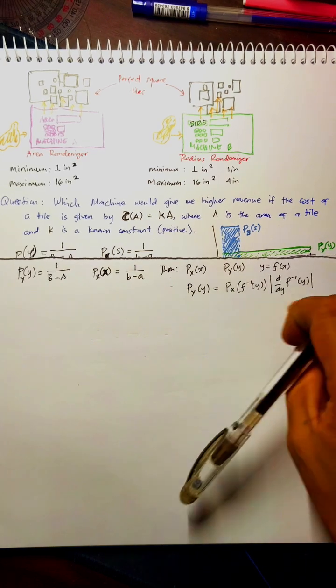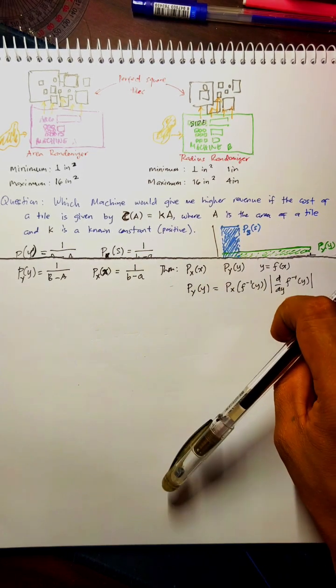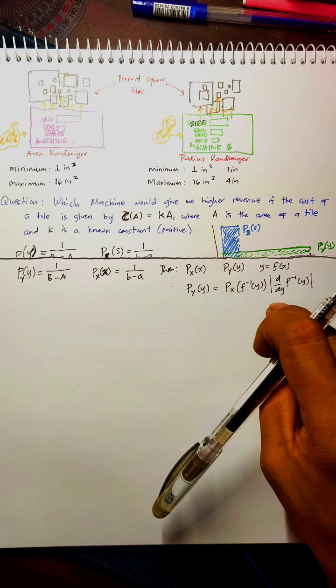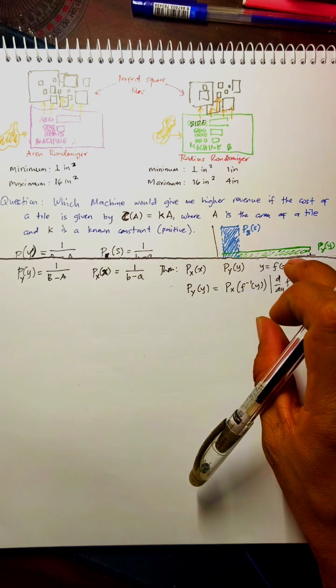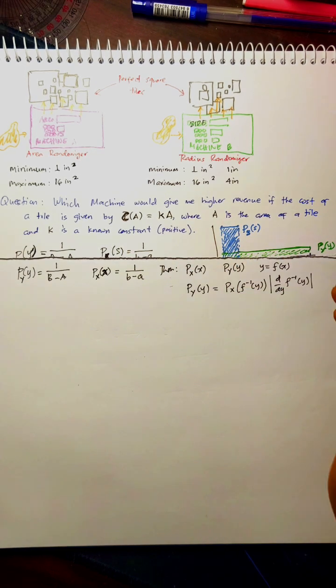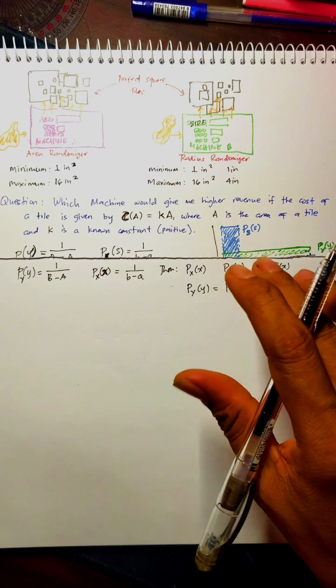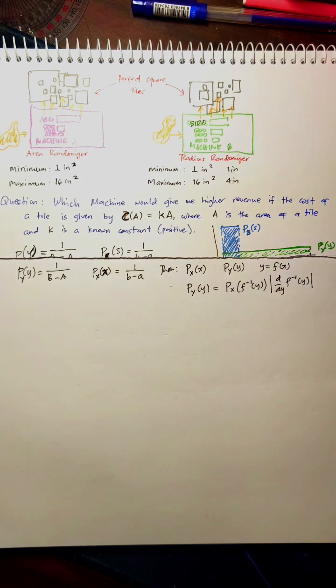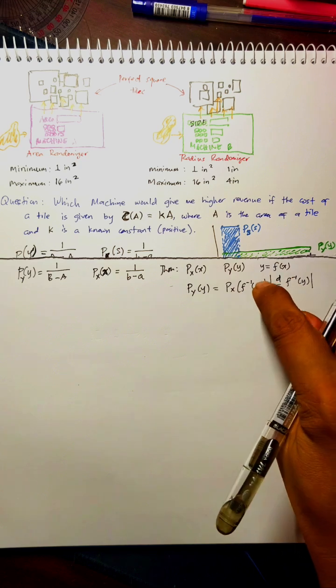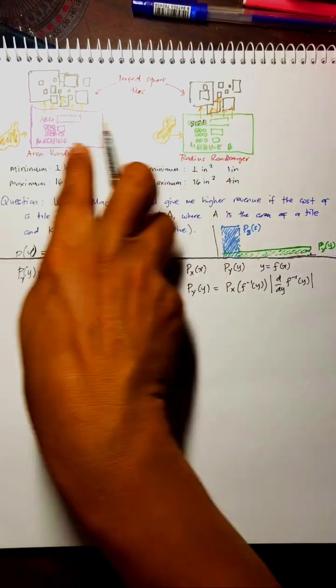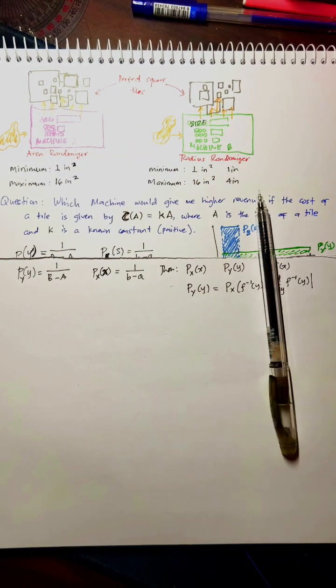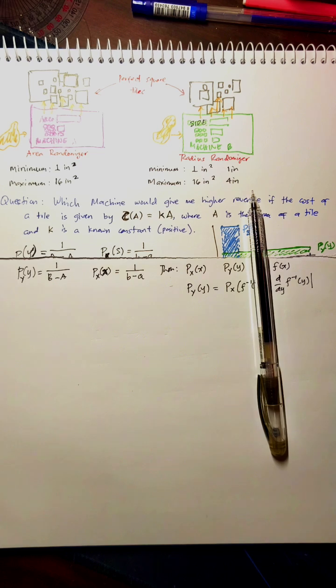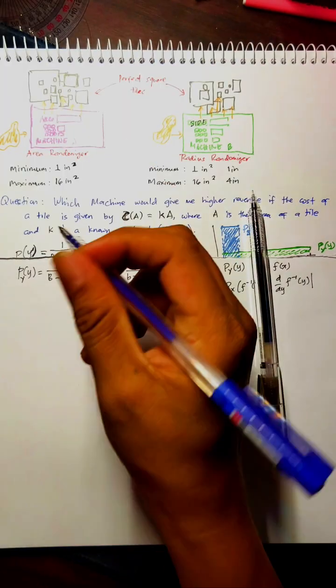Now, this is not the only form, because in order to use this theorem, we have to check what is the nature of the function. Is it invertible? Is it one to one? Is it many to one? Is it even invertible? But we don't have to worry about that with the two machines here, because as we can see, I'll use blue for that.